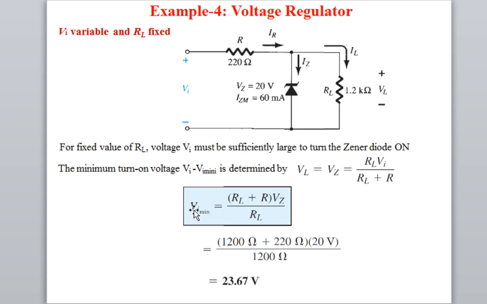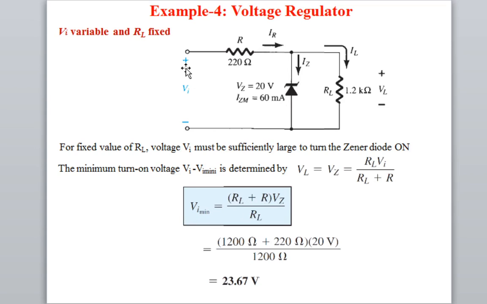Remember, this is the minimum input voltage which will turn the diode on into conducting state. So VI minimum is equal to RL plus R times VZ divided by RL.